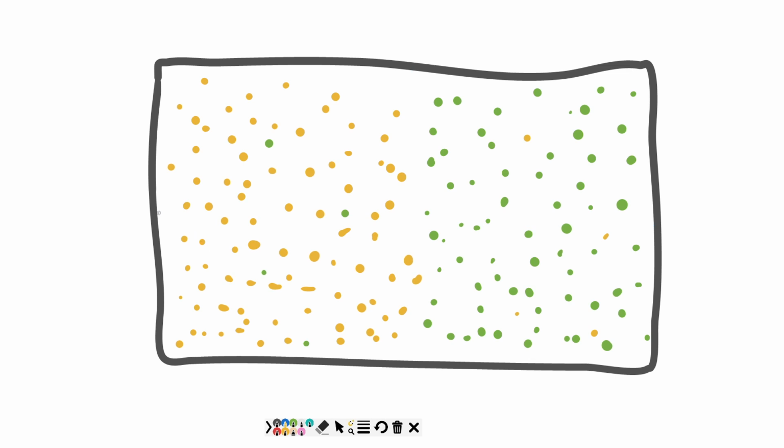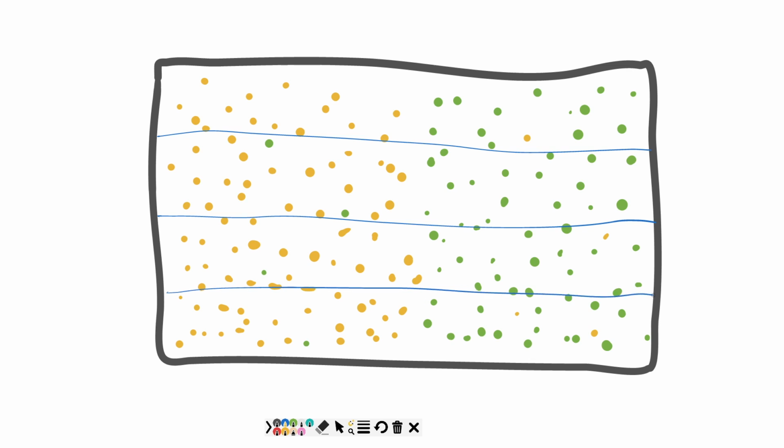Well, you could do this. I'm going to divide them up horizontally, right? Horizontal lines instead of vertical lines. Now what do we have? Well, each of these 4 districts is comprised of a diversity of voters, right?